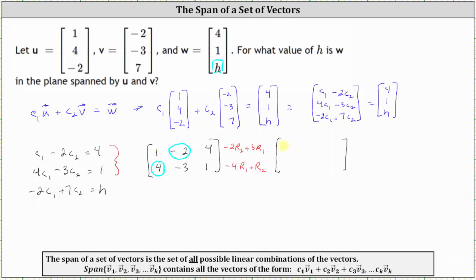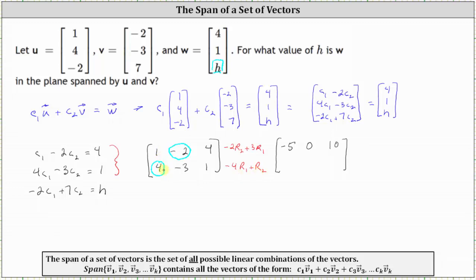Negative 8 plus 3 is negative 5. And then we have negative 2 times negative 3, which is positive 6, plus 3 times negative 2, which is negative 6, giving a sum of 0. And then negative 2 times 1 is negative 2, plus 3 times 4, which gives us negative 2 plus 12, or positive 10.